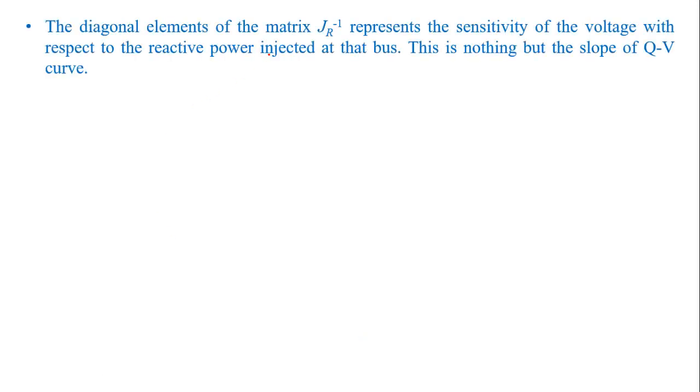So the diagonal elements of the JR inverse represent the sensitivity of the voltage with respect to the reactive power injected at that bus. So this is nothing but the slope of the QV curve, what we already discussed.